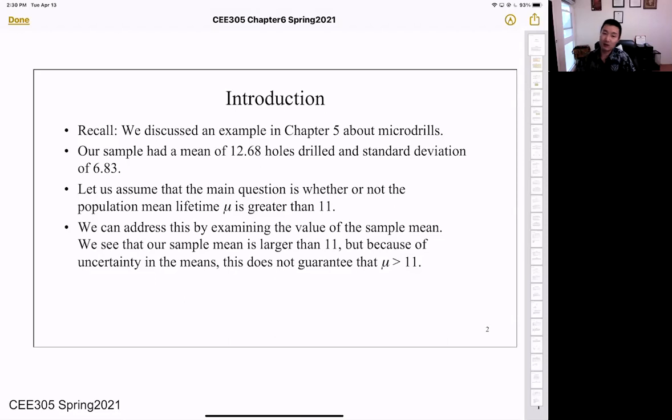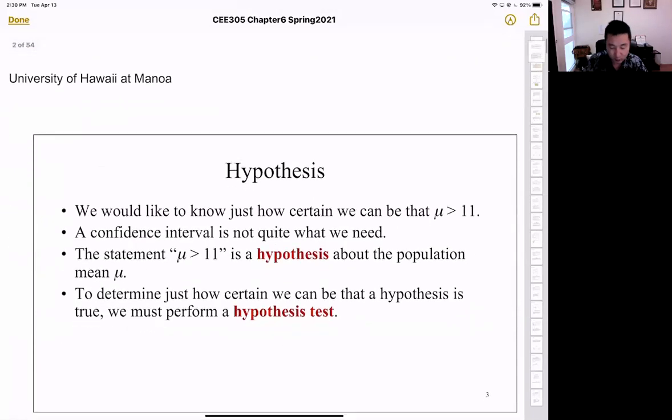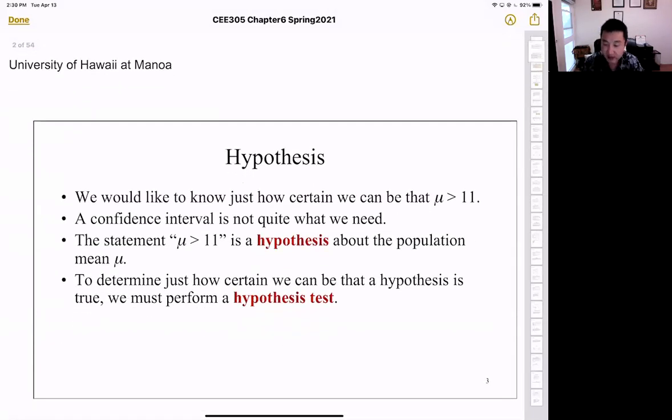So that cannot guarantee that for the whole population, for all the new microdrills, the mean value is still larger than 11. So we would like to know how certain we can be that the population mean will be larger than 11.